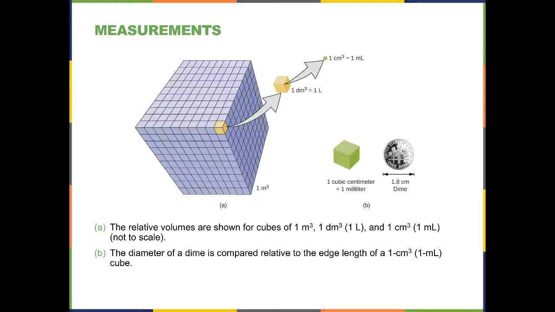And you can see up here, this cubic centimeter is quite small compared to the cubic meter. And a cubic centimeter is the same thing as something called a milliliter. And a liter is another form of volume measurement. So 1 cubic centimeter, or 1 milliliter, is relatively the same size as a dime, to give you some idea of the size.